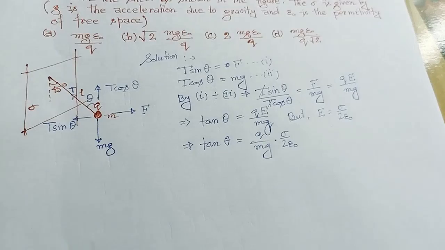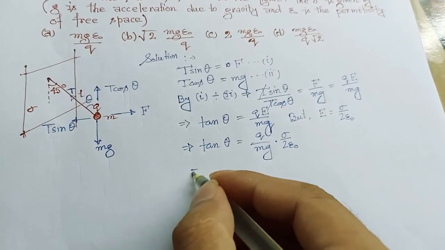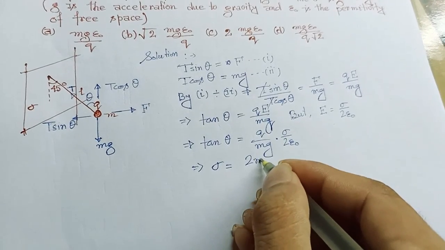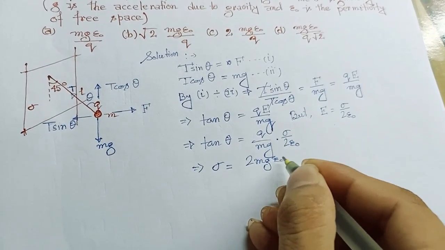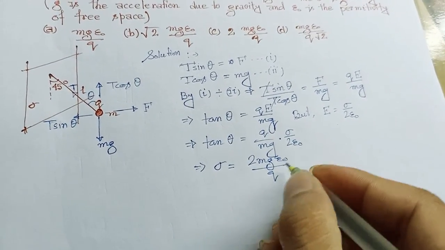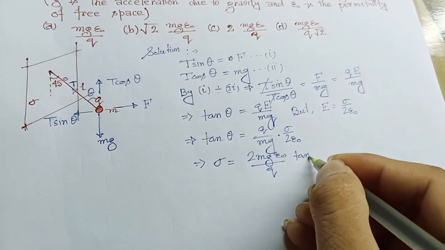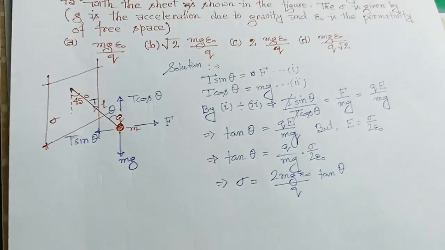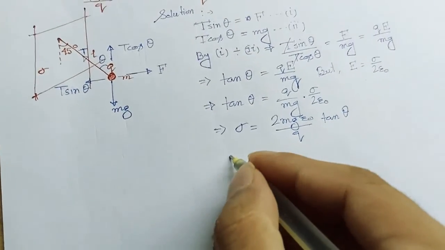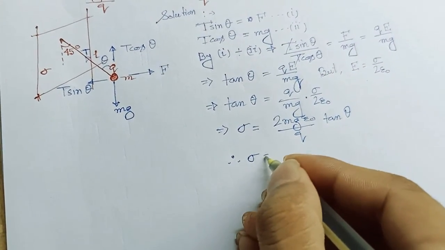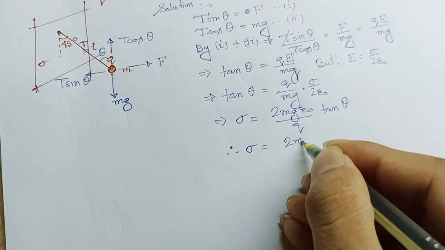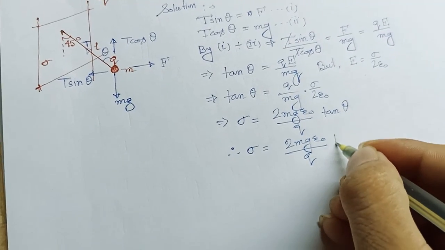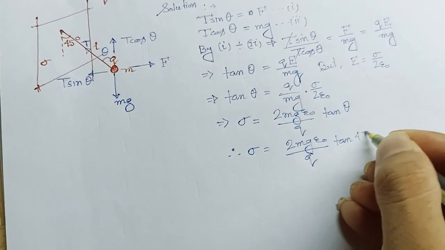So from this equation we can write the value of sigma will be equal to 2 mg epsilon naught divided by q into tan theta. Now if we put the value of tan theta, sigma will be equal to 2 mg epsilon naught divided by q into tan 45 degree.